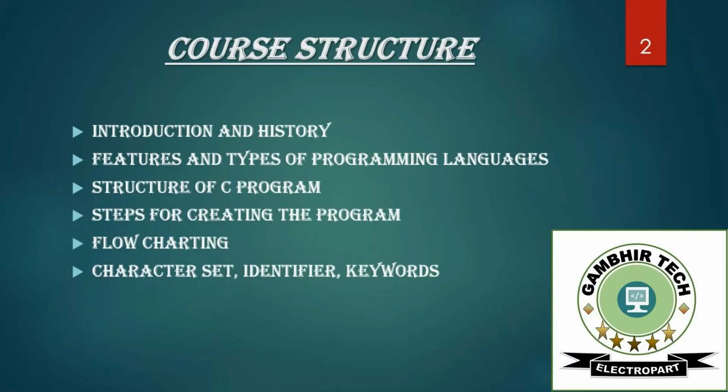Next we have character set, identifiers, and keywords of the C language. In this lecture we will learn about the character set in detail and about the keywords, delimiters, identifiers. Next we have constants and data types and operators.